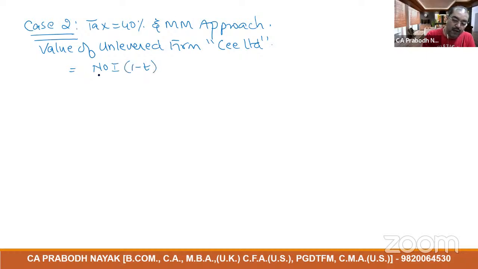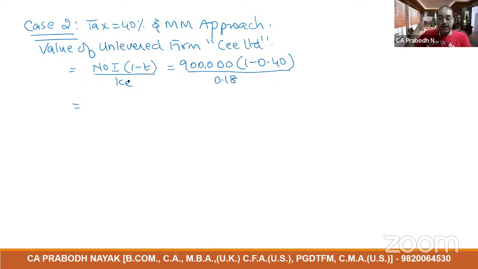Now it will be net of tax, divided by Ke or Ko. This is 9 lakhs into 1 minus 0.4, divided by 0.18. 9 lakhs into 60% is 5 lakh 40, divided by 0.18, 30 lakhs.